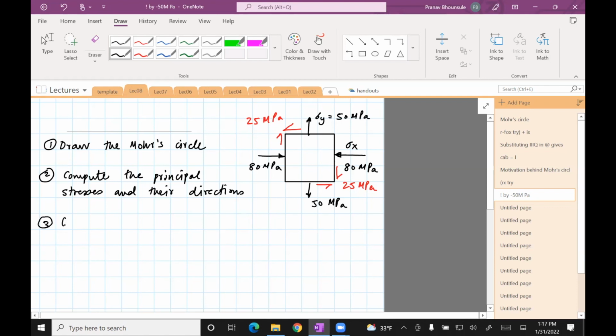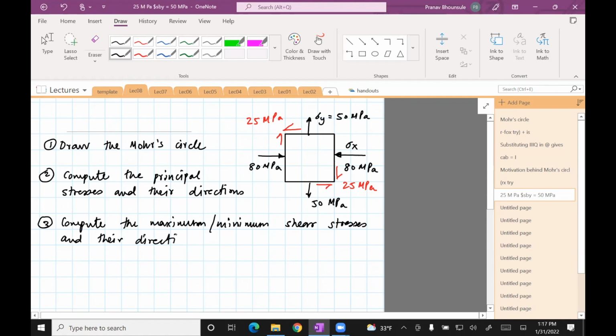And then third, compute the maximum and minimum shear stresses and their directions.